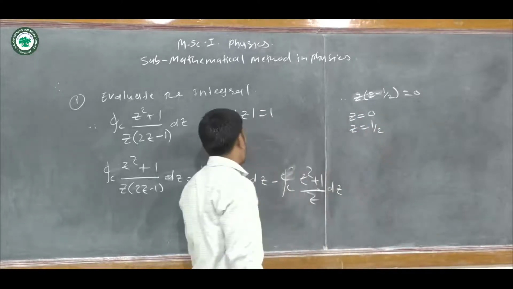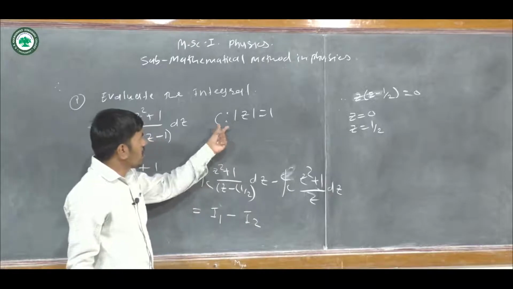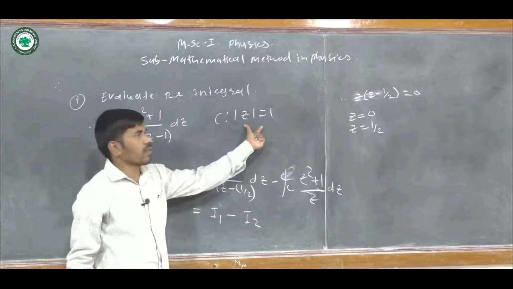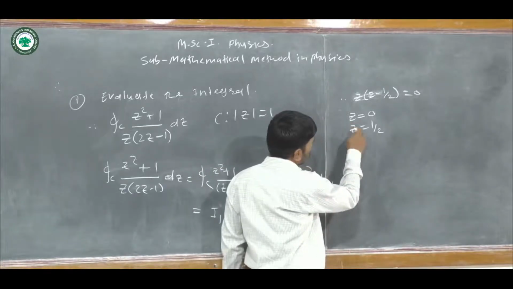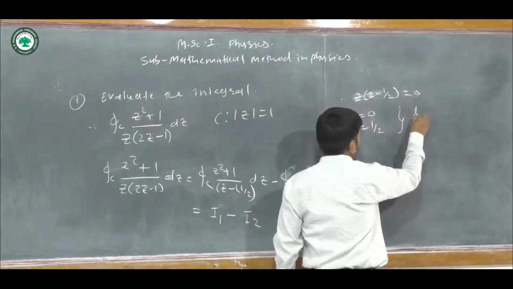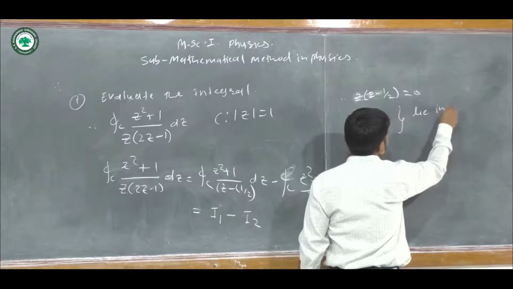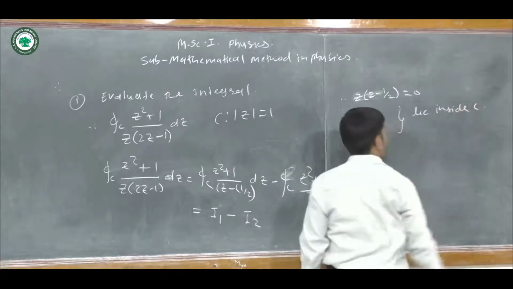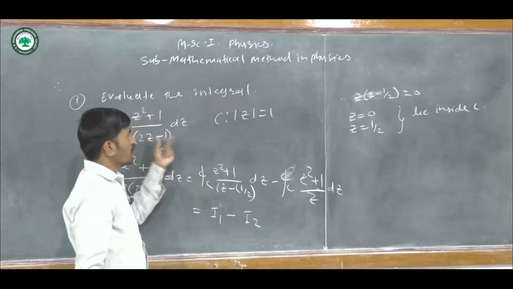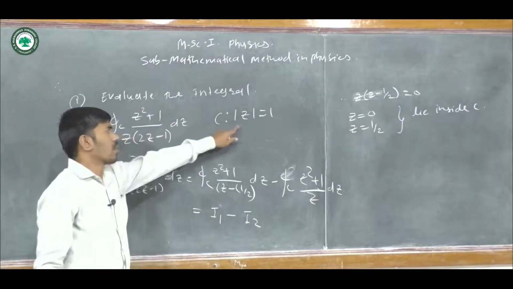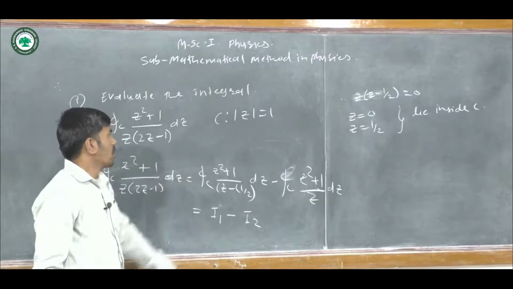The contour is given as mod z equal to 1, so both points, z is equal to 0 and z equal to half, lie inside C. So we can find these integrals since they lie inside C.